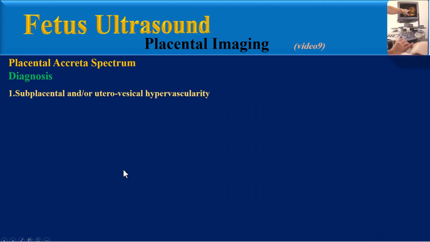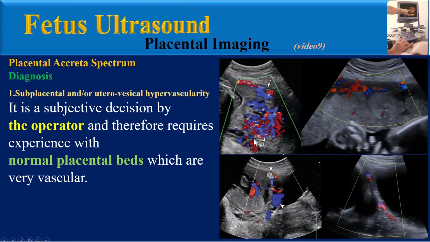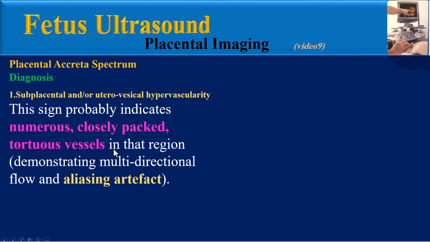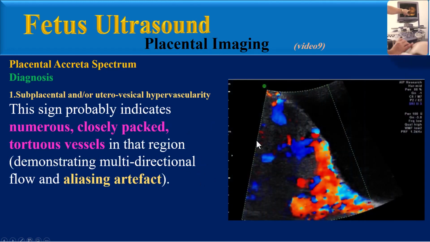But here is a problem. It's a subjective decision by the operator and therefore requires experience with normal placental beds, which are very vascular. This sign probably indicates numerous closely packed tortuous vessels in that region, demonstrating multidirectional flow and aliasing artifact.